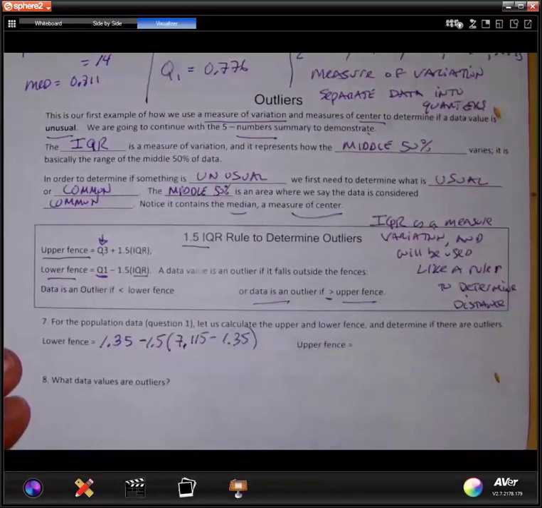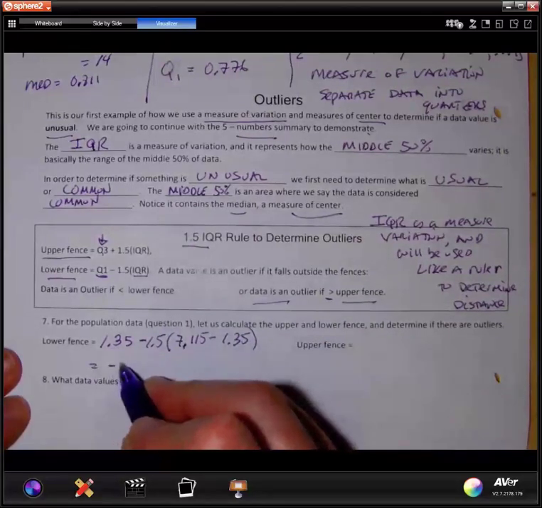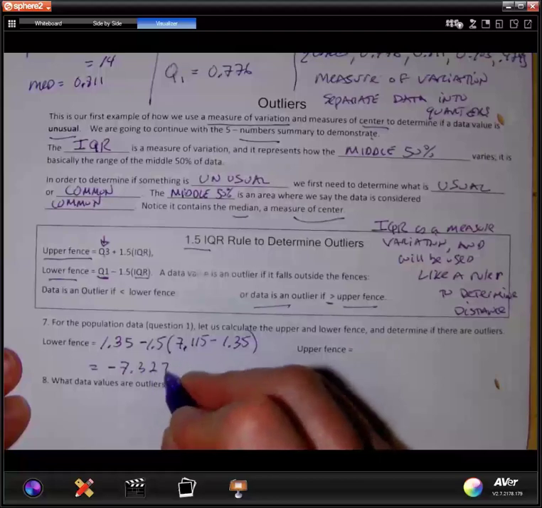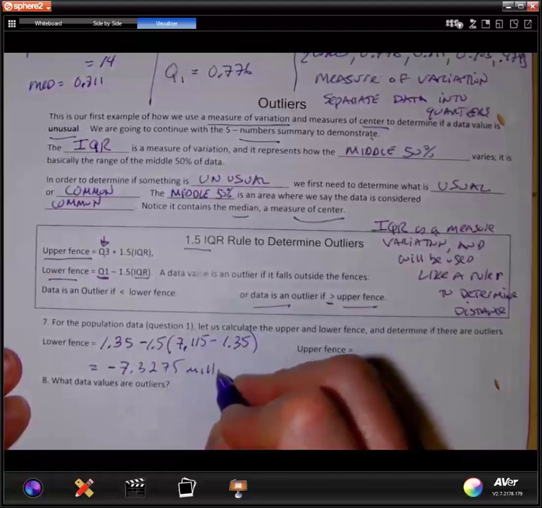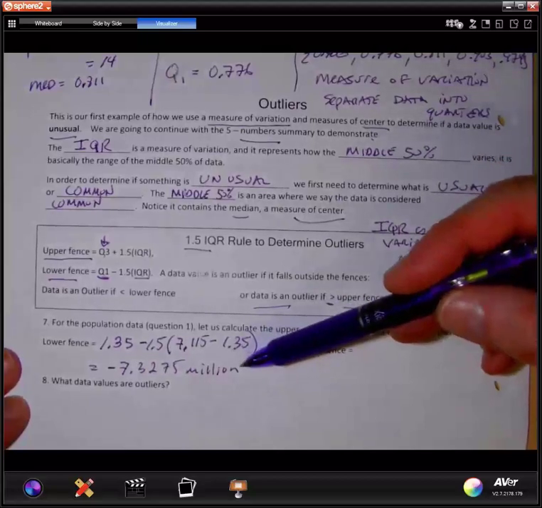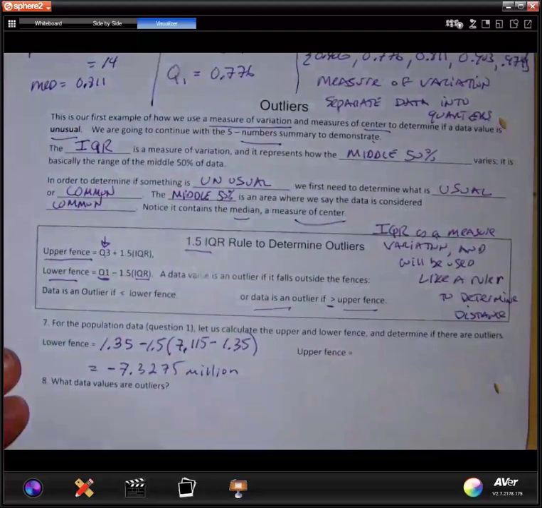Again, I can see it in the upper part of my paper. And this turns out to be negative 7.3275 million. Well, clearly we don't have negative people. The smallest the population can be is 0. This says there's no data below this lower fence, so there are no outliers in the lower fence.